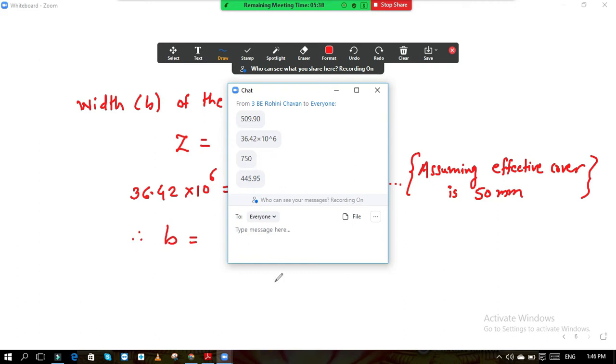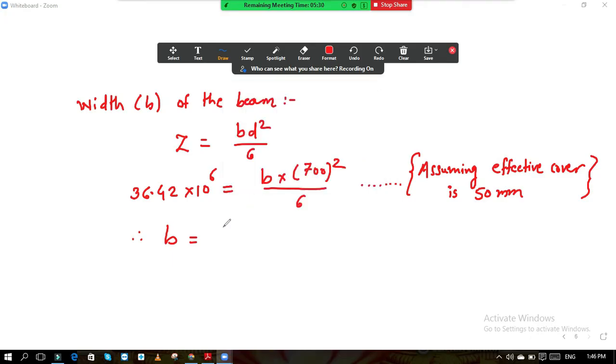So 445.95. So we will take 445.95 mm, and we round up this value to 450 mm. So this is the value of b.